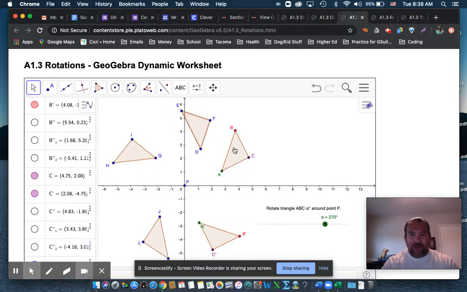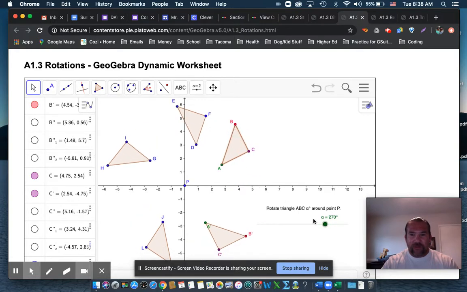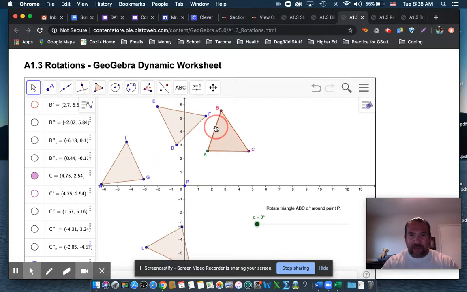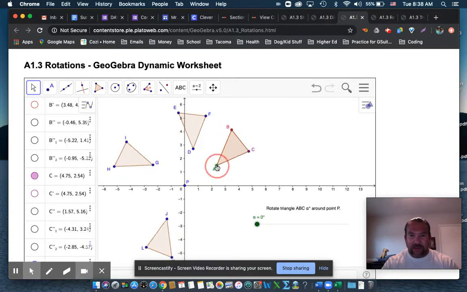Okay, I see this is the slider one. Notice the slider starts at the beginning. But as I drag this slider, it's telling me how much I'm rotating. That's kind of cool. Let's see if I can get this to have some whole numbers here.